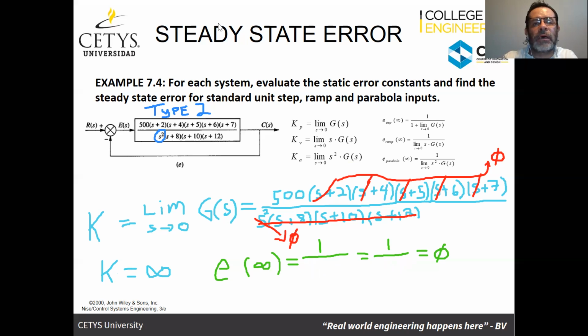If we've got a ramp now, which is Kv, now it's going to be the limit as S tends to 0 of S G of S. So now I'm going to have an S here in the numerator.